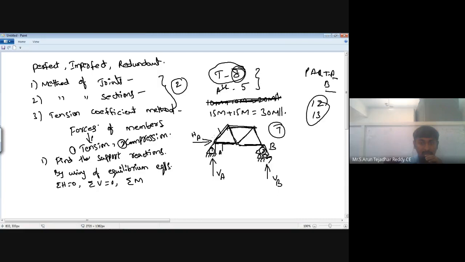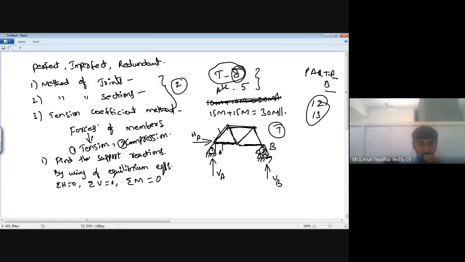If you want to take point A or point B, that is up to you. So sigma moment at point A is equal to 0, or sigma moment at point B is equal to 0. These three are the equilibrium equations. By using the equilibrium equations, we can find the support reactions.